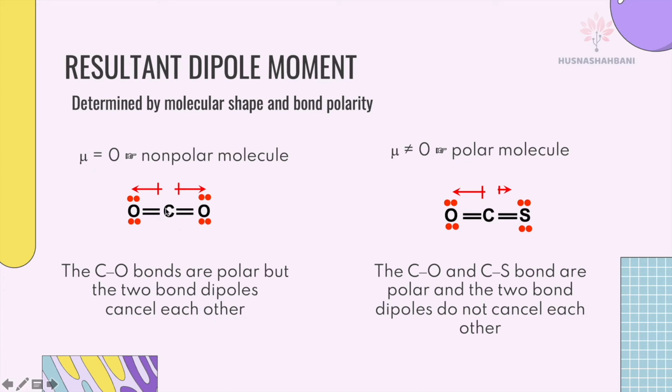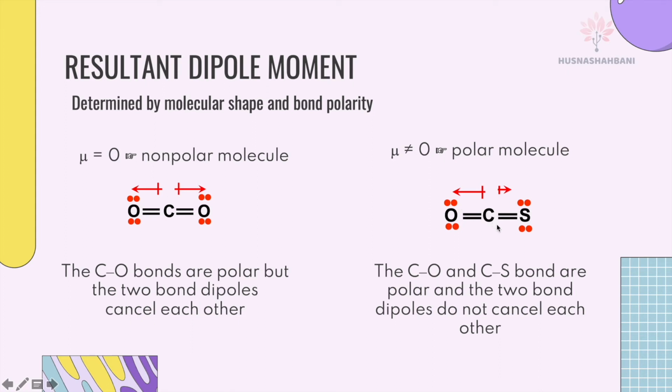For the previous one, they are the same, CO and CO, that's why they can cancel each other. But this one, they cannot cancel each other because the position of C and O is further apart than the position of C and S in the periodic table. That's why the arrow is shorter. So the length of the arrow shows the position of carbon and S in the periodic table.